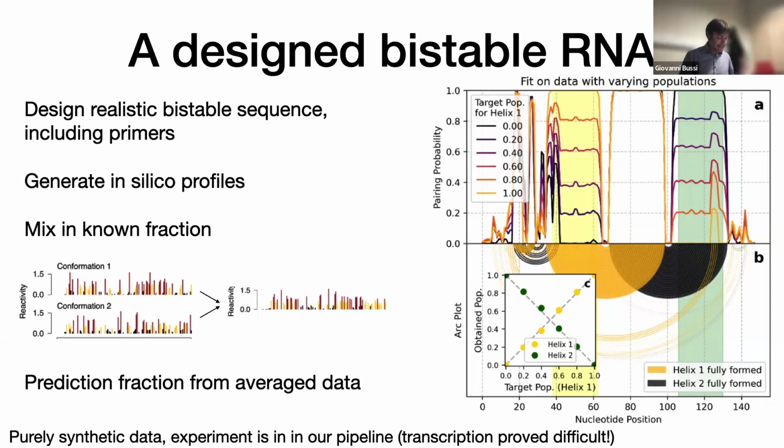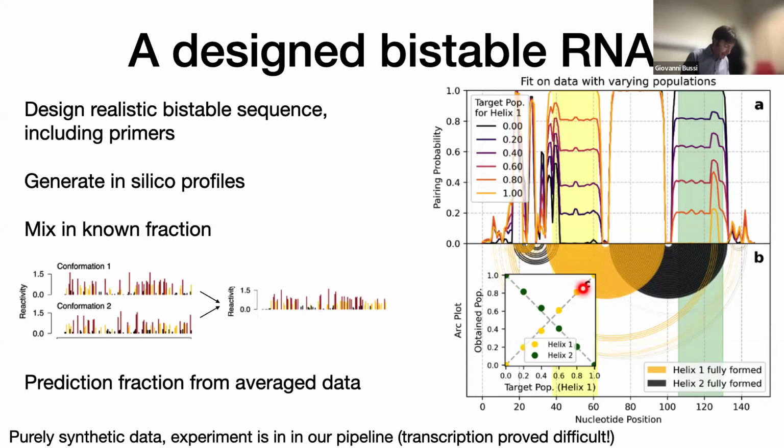We generate synthetic reactivity data. We mix them in a known fraction, let's say 80% and 20%. And then we give to our method the mixture and see if the method can predict the correct population.